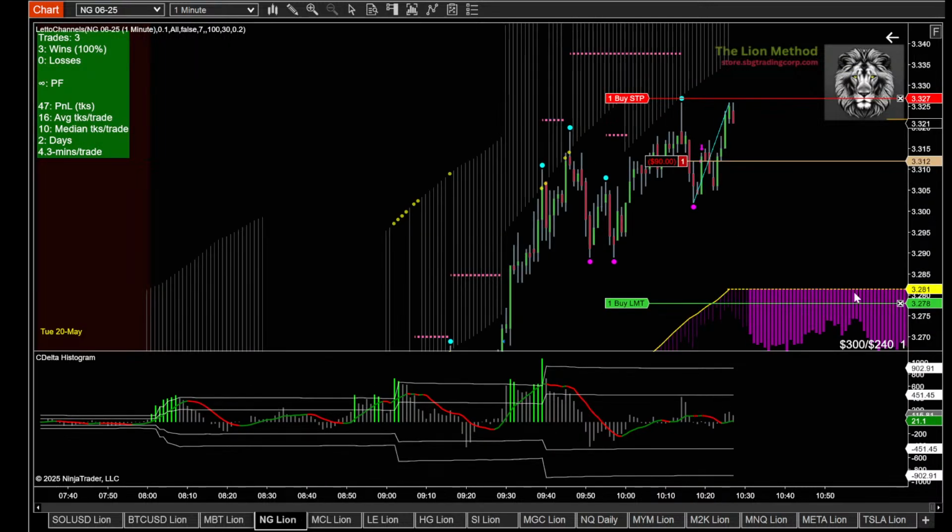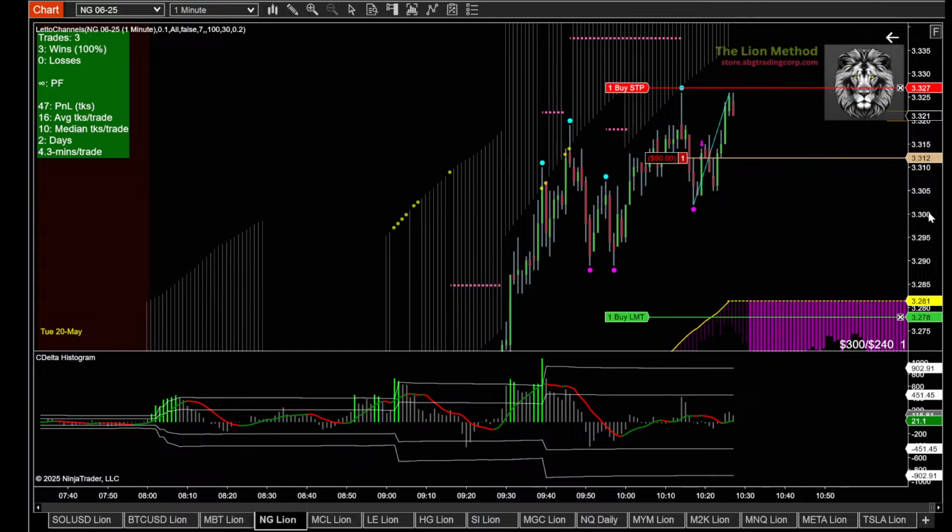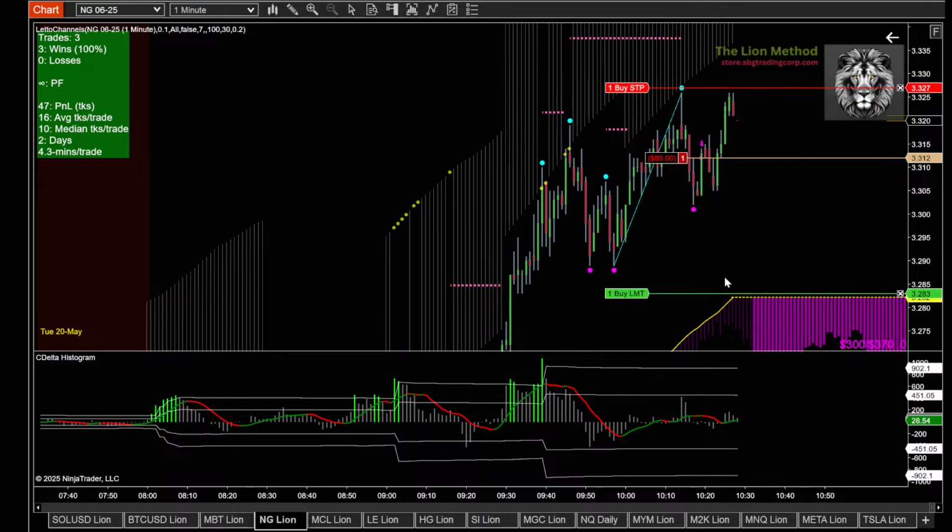All right, let's go to our gas trade. Target is moving up a little with that rising 100. Well, we were one tick away from a stop out.